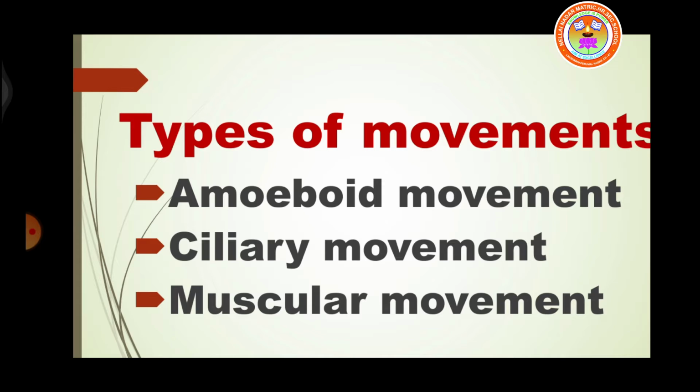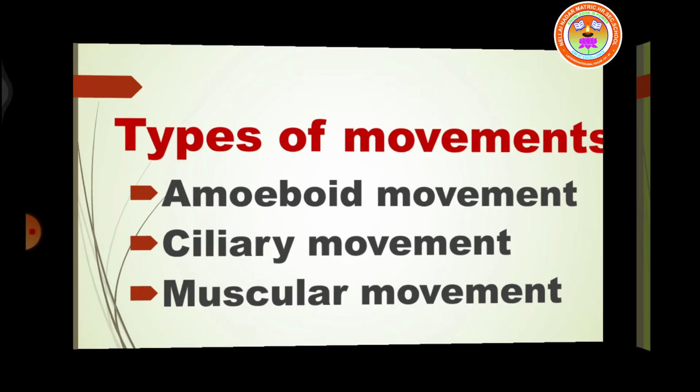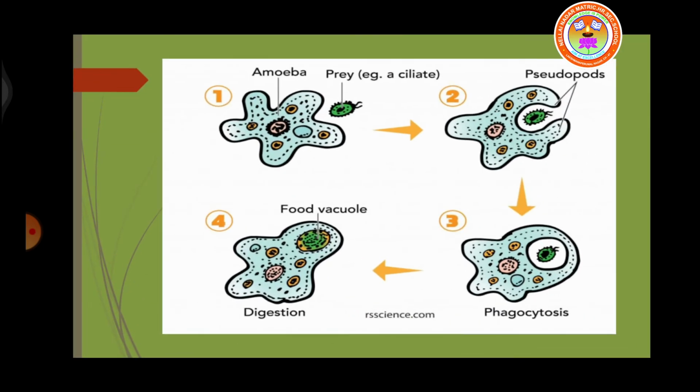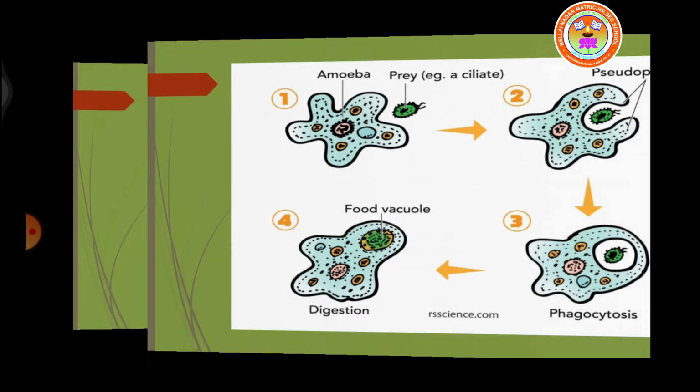When we talk about locomotion and movement, there are three types of movements observed among animals. They are amoeboid movement, ciliary movement, and muscular movement. The amoeboid movement is carried out by pseudopodia, which are appendages that move with the movement of protoplasm within a cell.